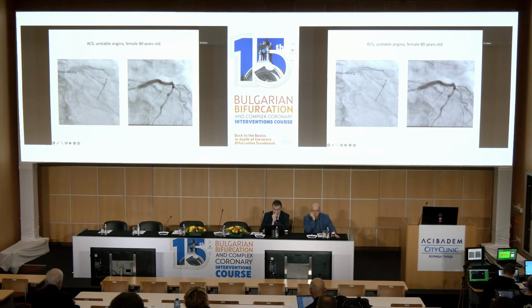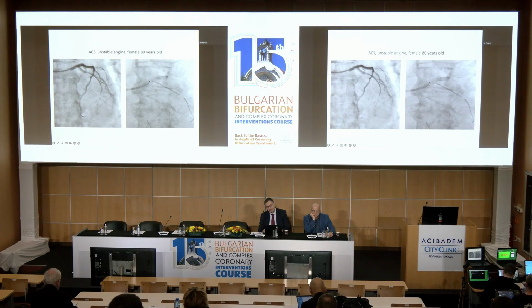And what you can recognize here, there is a balloon in position to the circ. This is a jail balloon technique, I do this sometimes in such complex anatomy. So if you have flow to the circ, which was not perfect, then actually you can wire the circ much easier. And then finally, the result was here not really perfect.